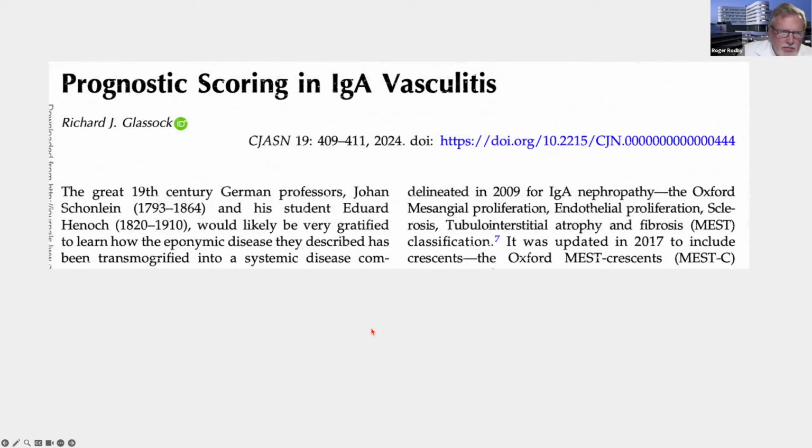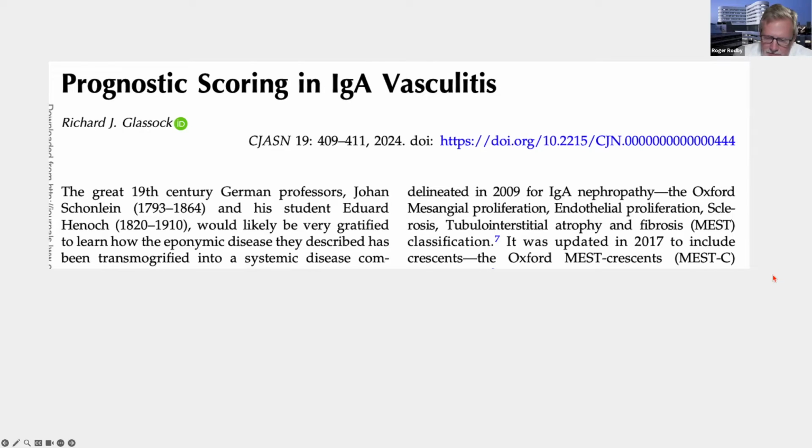I want to start with a little discussion about an article that Dr. Glassock just put out called Prognostic Scoring in IgA Vasculitis. We've had a lot of talk recently about IgA vasculitis versus IgA nephropathy. Just to remind, this all started out as Henoch-Schönlein purpura. Actually, they were colleagues.